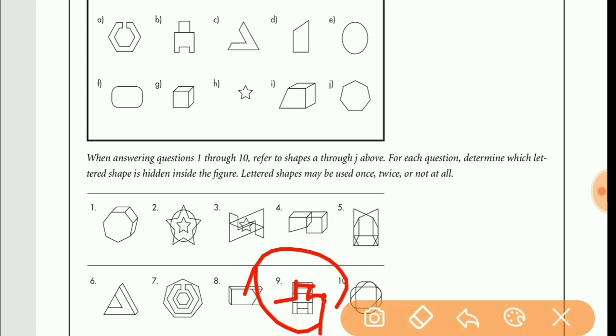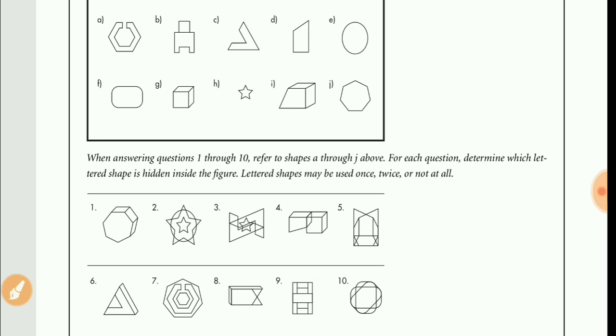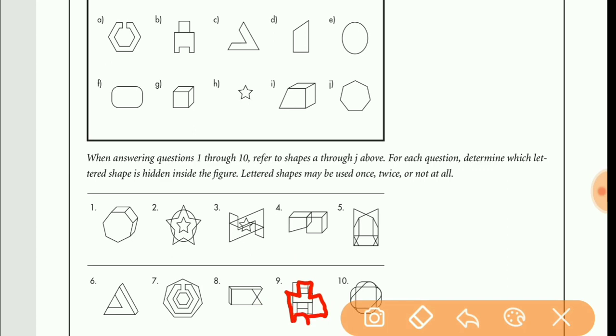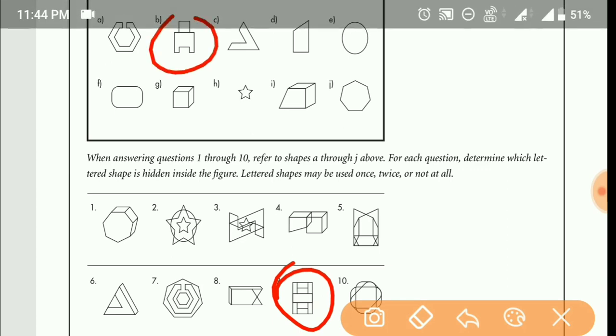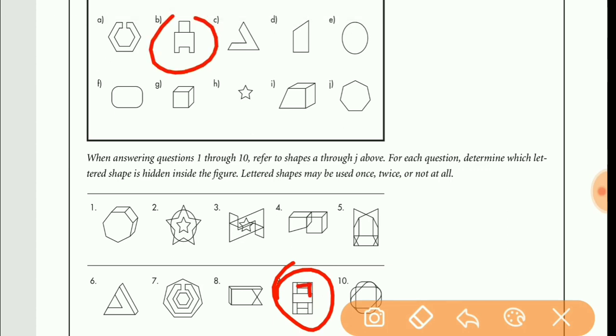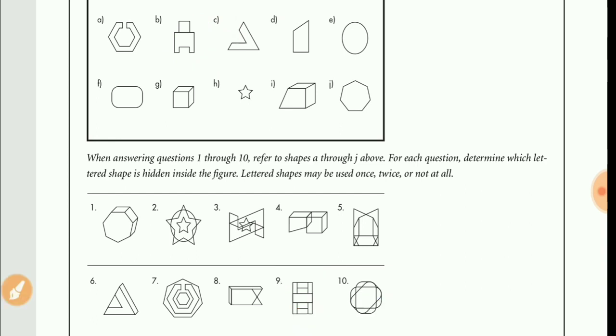Okay, you can simply see in this figure, okay, you can see. Now the 10th figure.